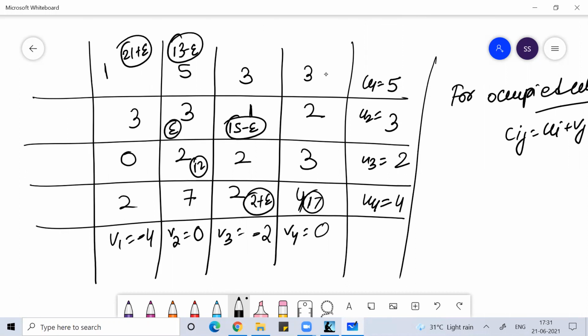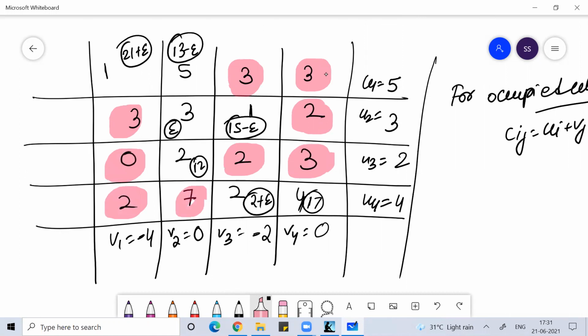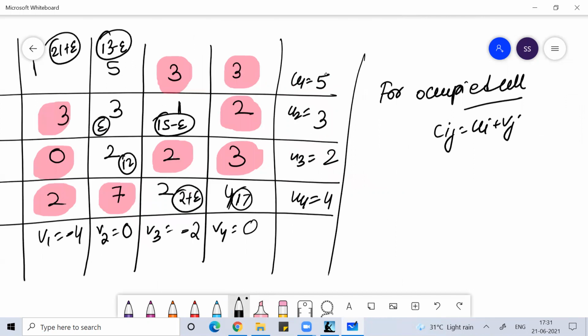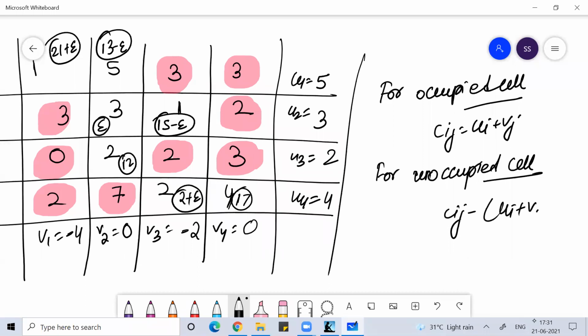And now I'll find for unoccupied cells. What are your unoccupied cells? For your unoccupied cells, I use a formula: Cij minus (ui plus vj).